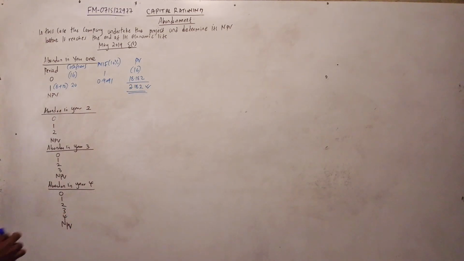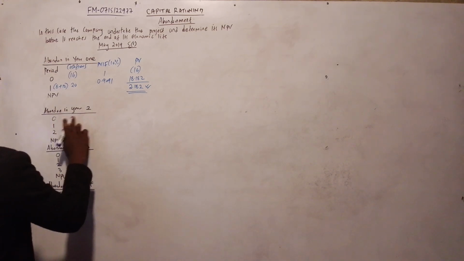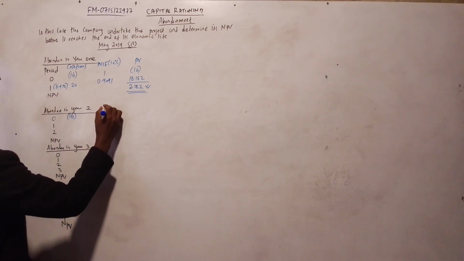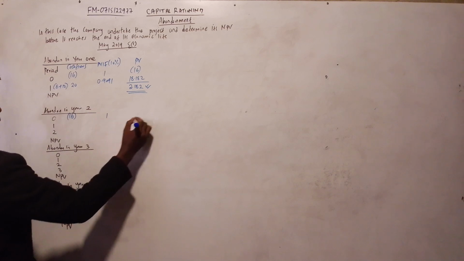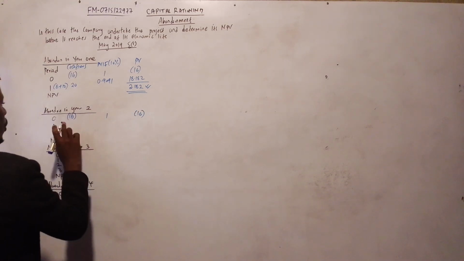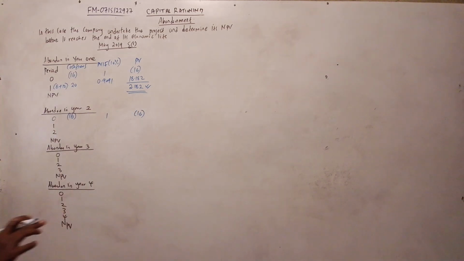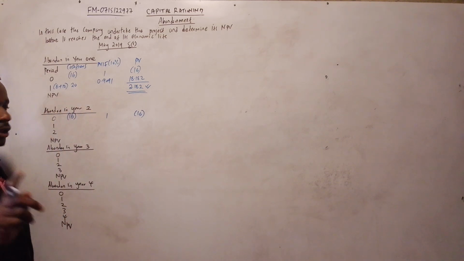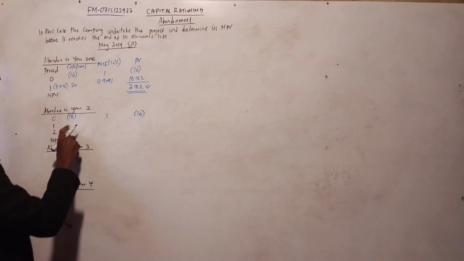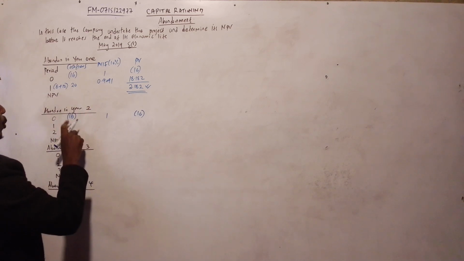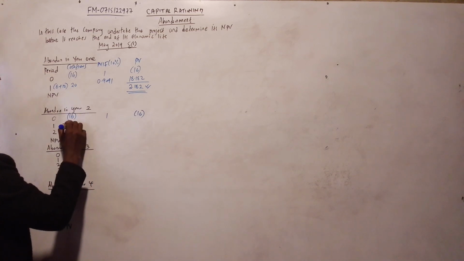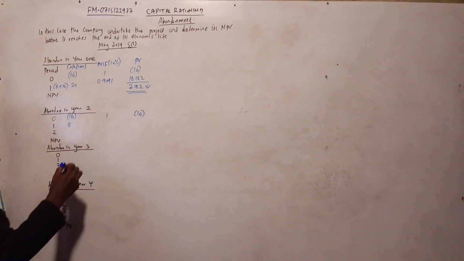If we abandon it in year 2, this will be the cash flow, 16. The present value factor is 1. The cost is 16. In year 1 you take only the cash flow, because you are not abandoning in year 1. So if we abandon in year 2, we are not abandoning in year 1, which means in year 1 we take the cash flow without the abandonment value, which is 8 only. Then 0.9091.